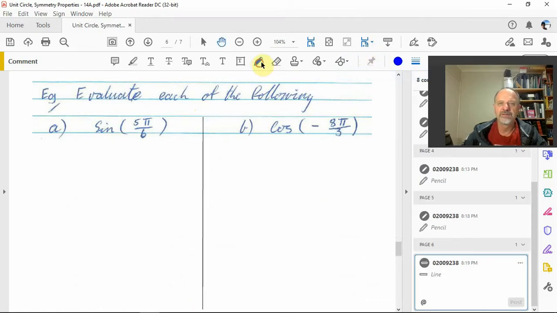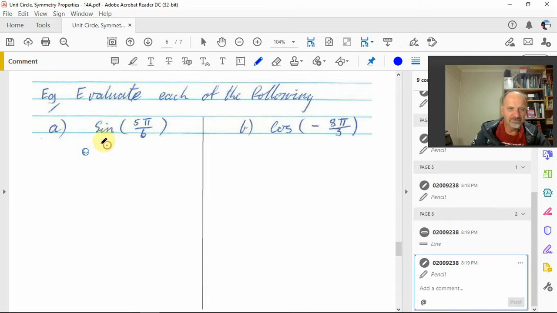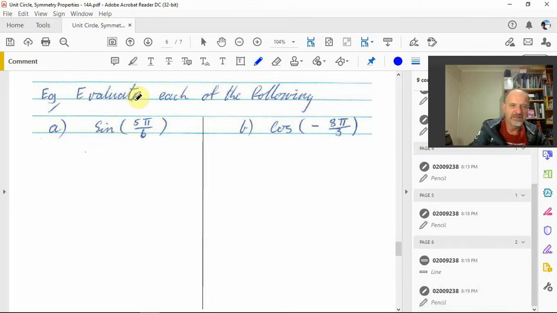Let's start with the sine of 5pi/6. I always draw a rough sketch. Here's my unit circle.